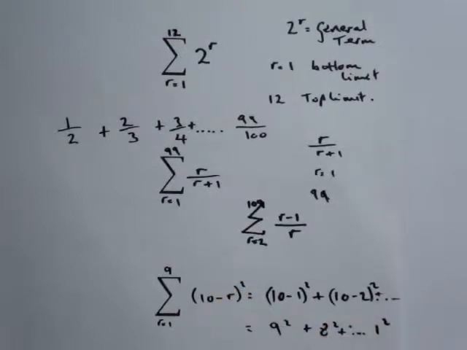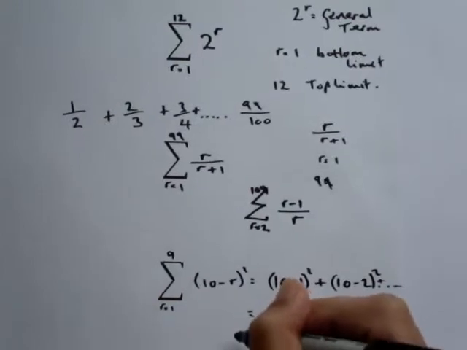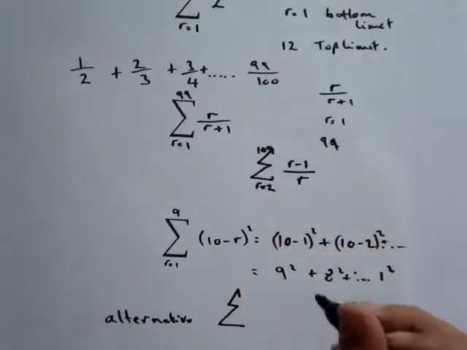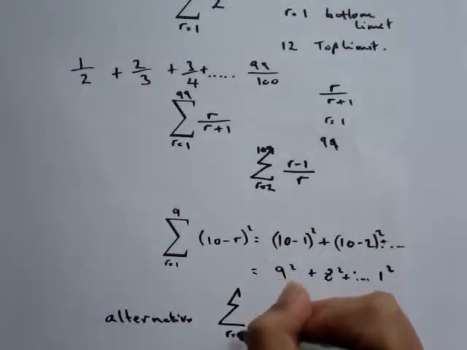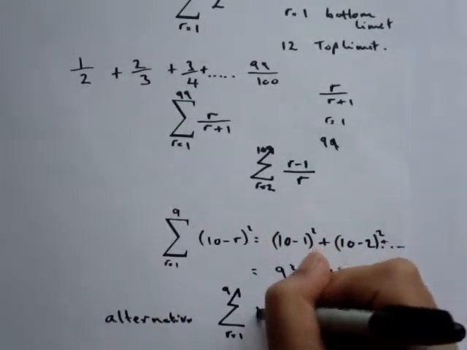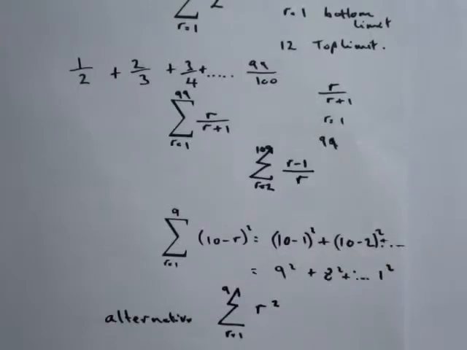So an alternative, we could write this as the sum from r equals 1 to 9 of r squared.